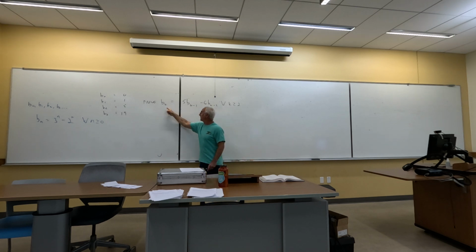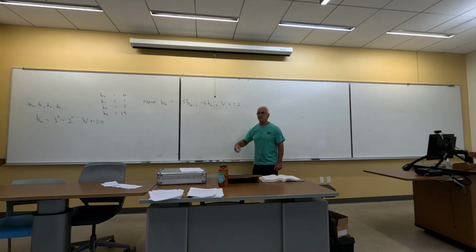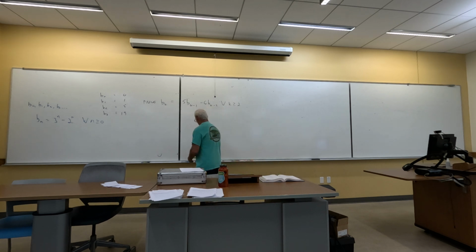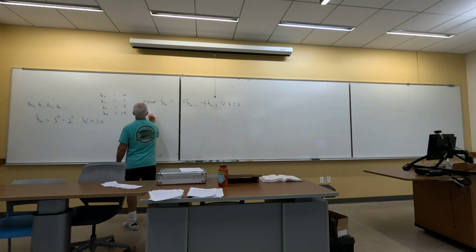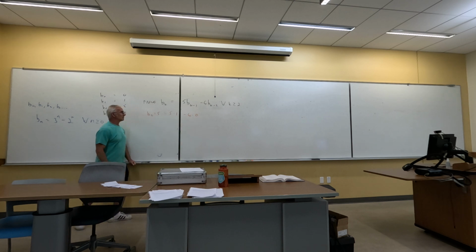So then what's B3? Well, it should be 5 times B2 minus 6 times B1. So let's see if that actually works, because again, we want to make sure that we believe this. I want to prove this. I first have to believe it's true. Remember that? So since we've written the first few terms out, let's see if that actually works. According to this, B2, which is 5, is supposed to equal 5 times B1 minus 6 times B0.